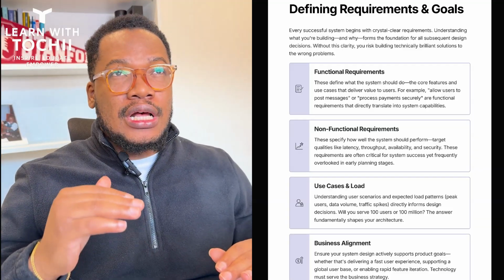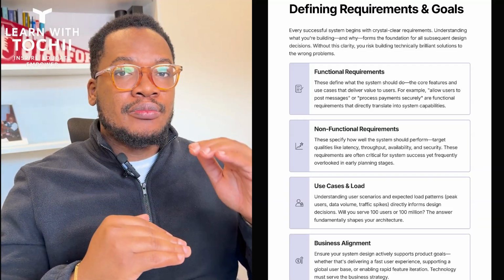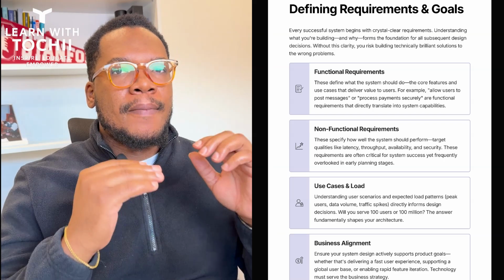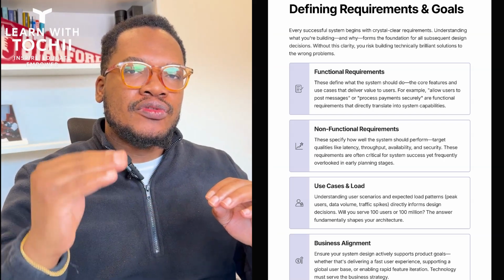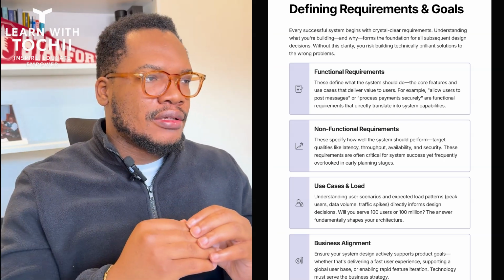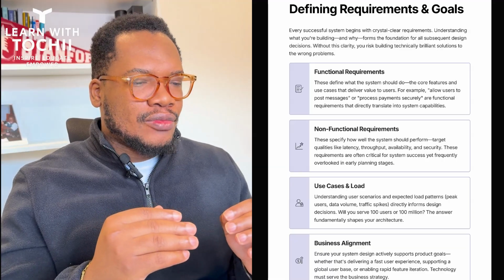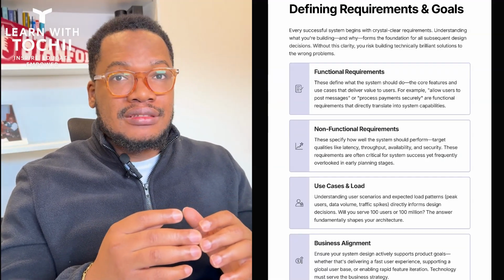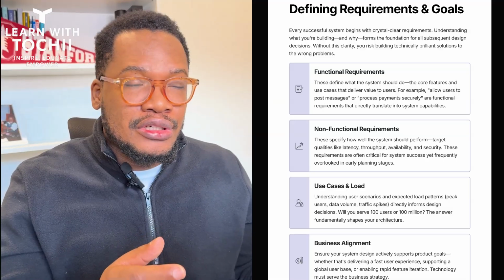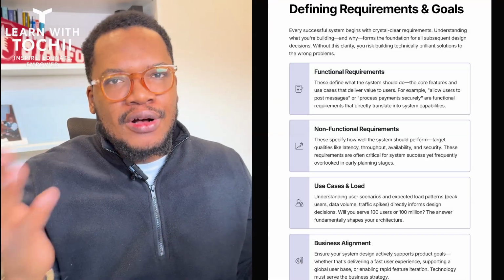So you are going to essentially be building block upon block, and that clarity enables you to move through each block. Without this clarity, you risk building a technically brilliant solution to the wrong problem.